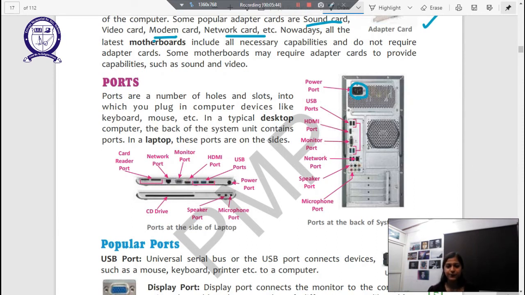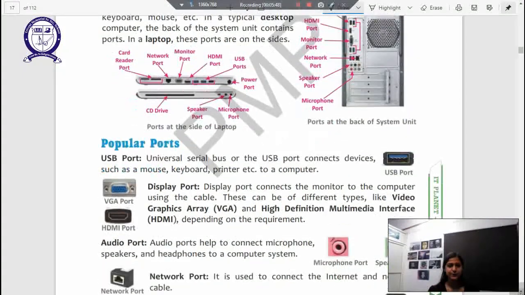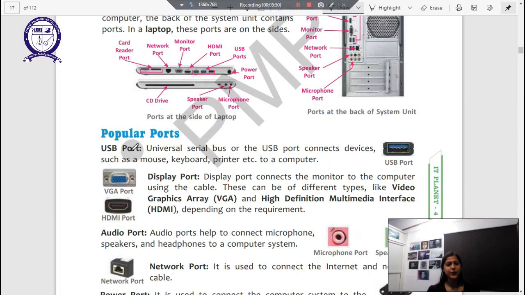Now we will read about them here in detail. USB, universal serial bus: the USB port connects devices such as mouse, keyboard, printers to a computer. The USB port has now become universal in a sense that every device generally comes with this port.